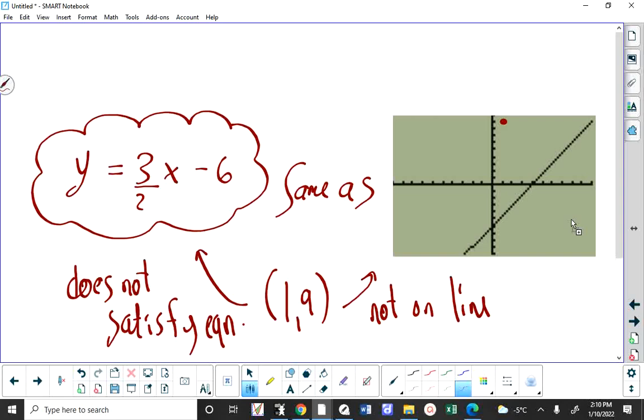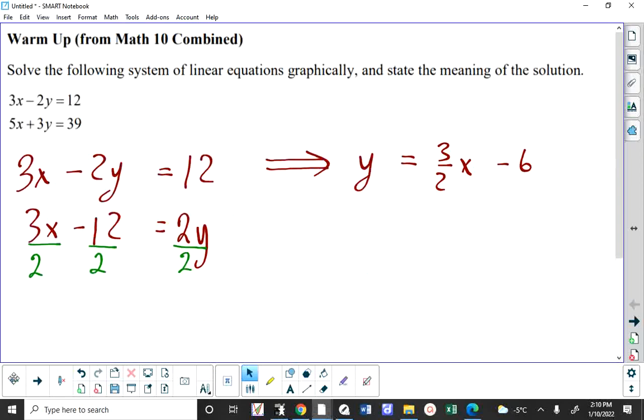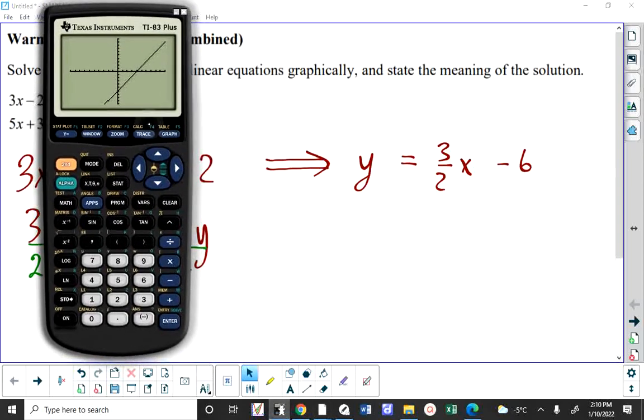So what is a line? A line is an infinite number of points. There are an infinite number of ordered pairs on this line. And every one of those ordered pairs makes this equation true. So, for example, and I know this is nitpicking almost. It's like, wow, do we really need to know this? I'm going to say yes to understand what we're going to talk about here.